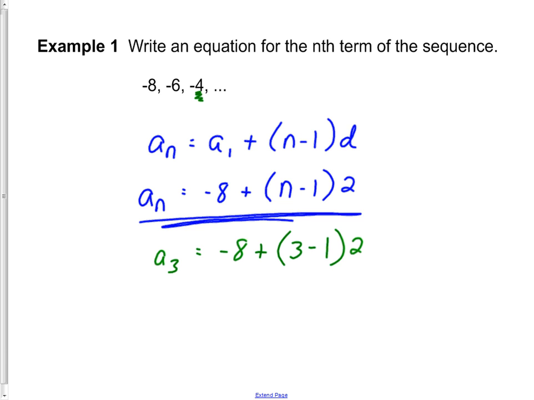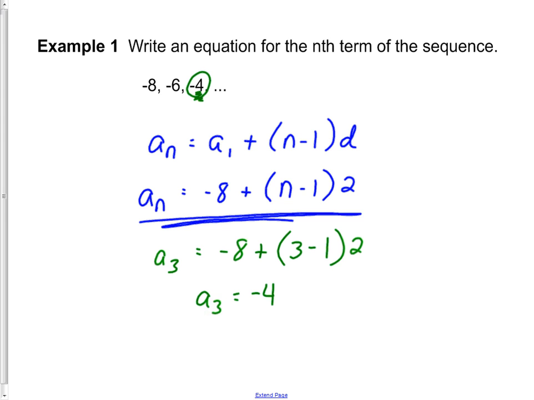So this says a sub 3, the third term of the sequence, should be 2 times 2 would be 4. Negative 8 plus 4 would be negative 4. Is the third term negative 4? Yes, it is.